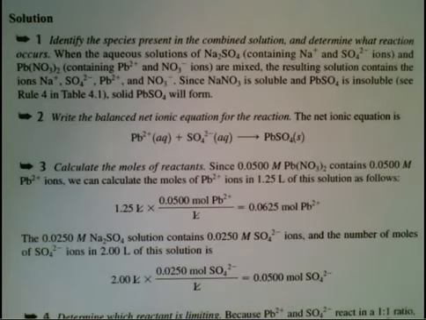So we have this amount of lead 2. Now let's move on and try to figure out how much sulfate we have. The 0.0250 molar sodium sulfate solution contains 0.0250 molar sulfate ions. And the number of moles of sulfate ions in 2.00 liters of solution is, and you can do this in your head, I understand, but let's see the process here in case you get more difficult numbers in some future time.